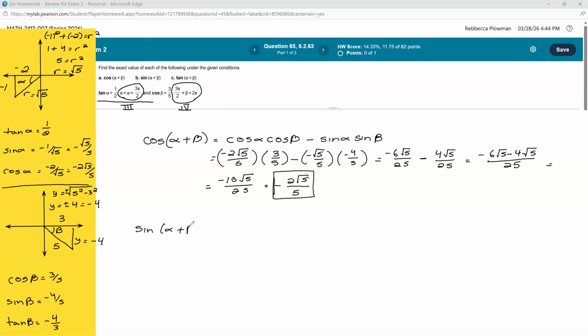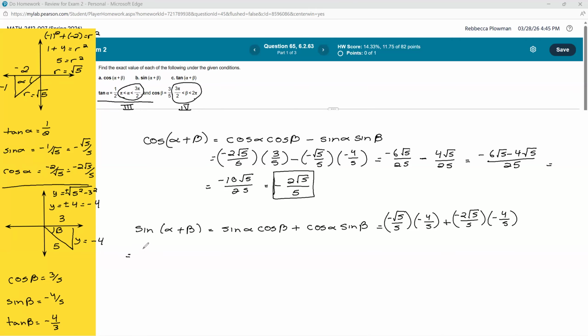Sine alpha plus beta, that is sine alpha cosine beta plus cosine alpha sine beta. Sine alpha is the negative square root of 5 over 5. Cosine beta is 3 over 5. And then we have plus cosine alpha, which is the negative 2 square root of 5 over 5, times the sine beta, which is the minus 4 over 5.